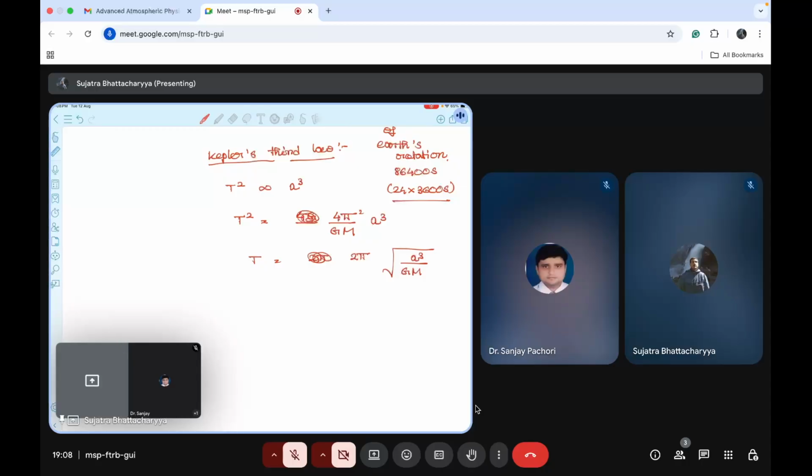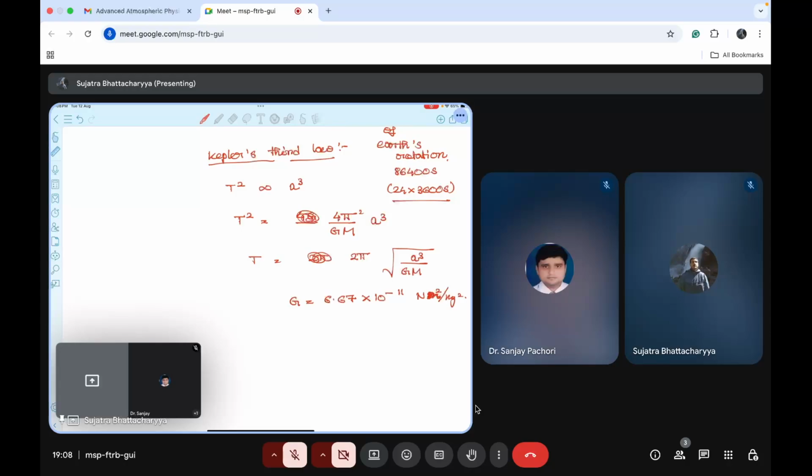Okay, so G is 6.67 into 10 to the power minus 11, in Newton meters squared per kg squared. Sorry, Newton meters squared, not seconds.